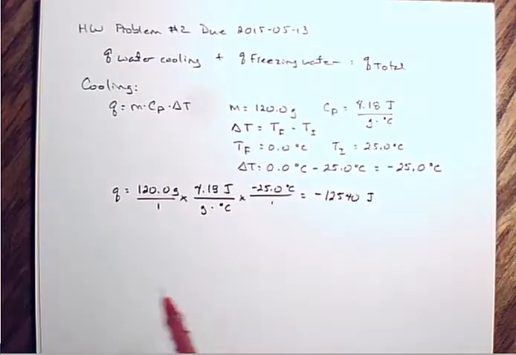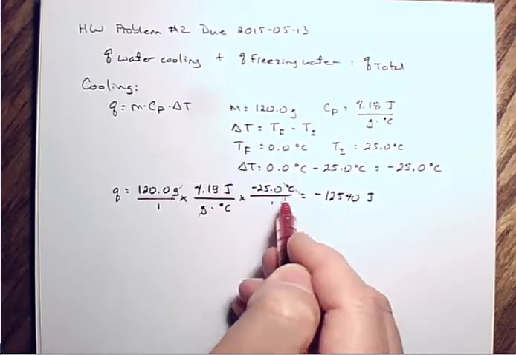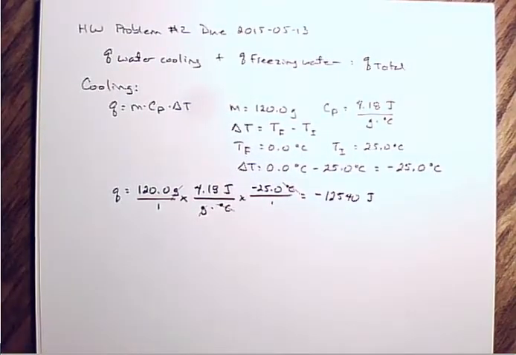I need to cancel units here. Grams are going to cancel, degrees C are going to cancel. That's how we have joules left.